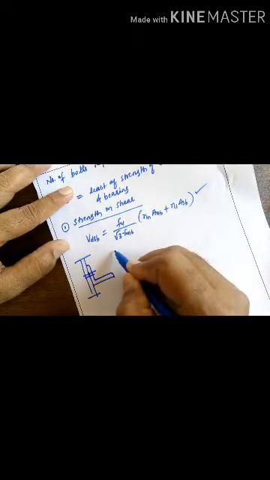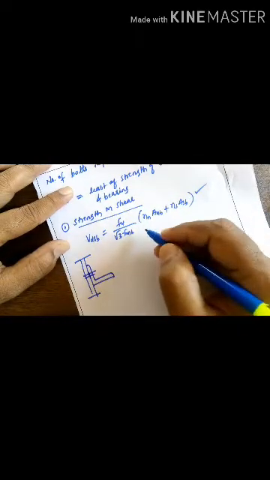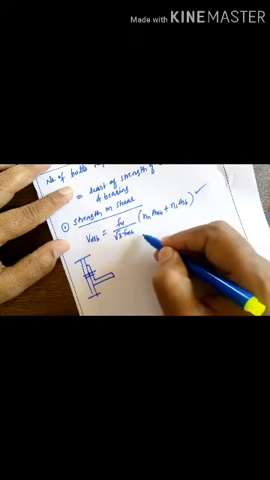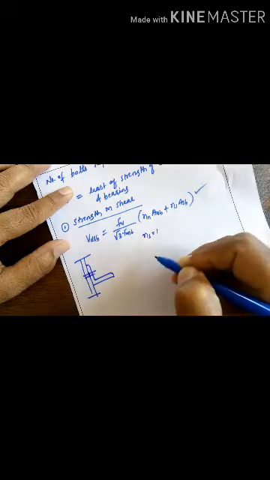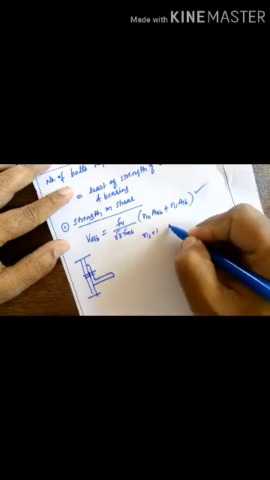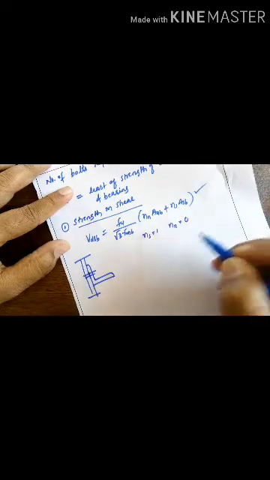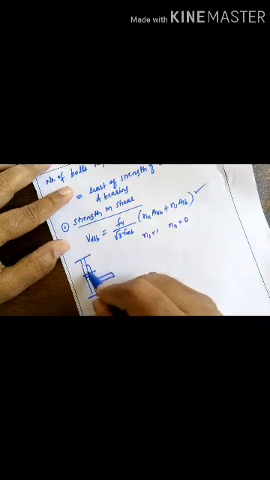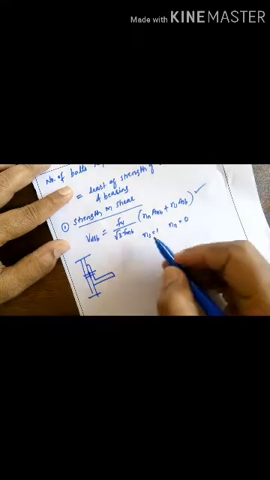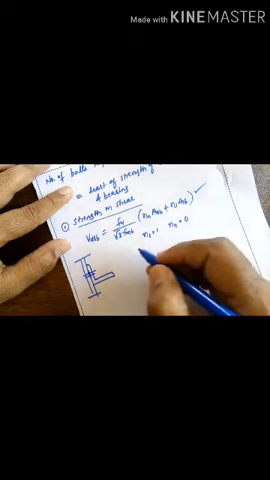So when you substitute the values, let us take ns equal to 1 and nn equal to 0, assuming the shank portion is intercepting the shear plane. Here we have taken ns equal to 1.